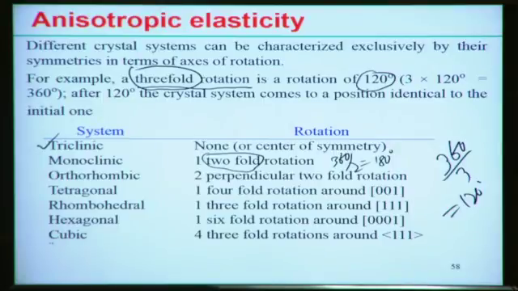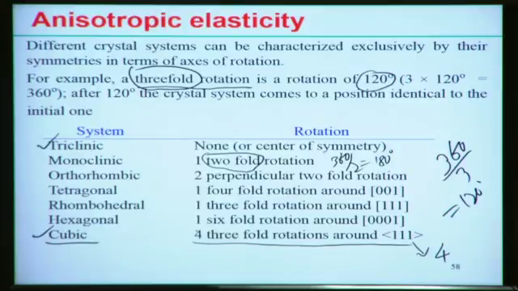So let us look into that cubic structure. The four 3-fold rotations around 111. Actually this 111 represents the direction of the body diagonal. In a simple cubic structure, there are 4 such body diagonals, so this represents the family of directions. This family consists of 4 different directions, that means 4 different body diagonals in a cubic structure.